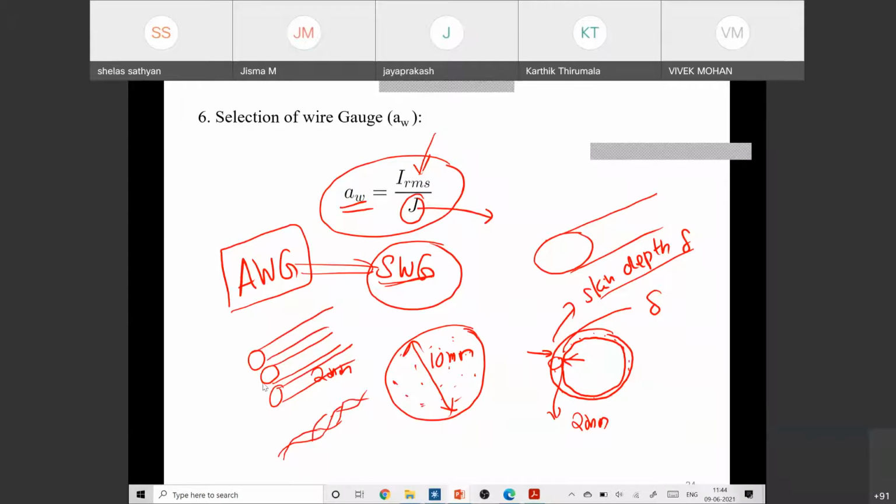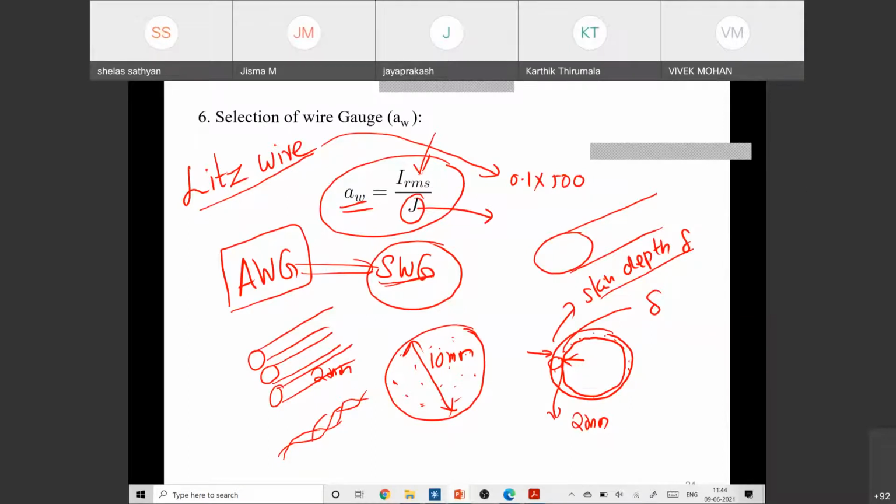In general, when it comes to high frequency applications, we will be using Litz wire. It is also a copper wire, but it consists of a large number of small copper wires, and each wire is insulated from the others. We call it Litz wire. If you go to the market to purchase Litz wire, it will usually be available as something like 0.1 into 500.